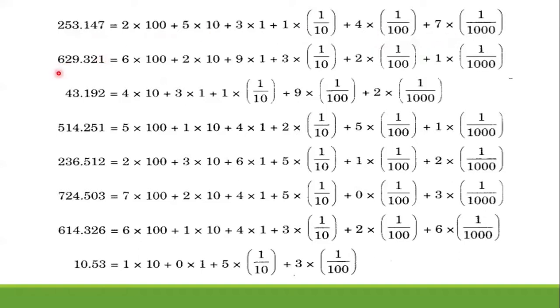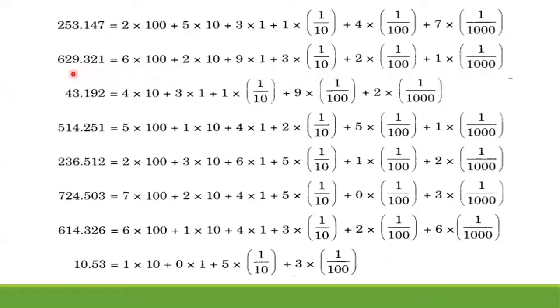In the same way, 629.321 equals 6 into 100 plus 2 into 10 plus 9 into 1 plus 3 into 1 by 10 plus 2 into 1 by 100 plus 1 into 1 by 1000. So these are the extended form, or you can say expanded form, of the decimal numbers.